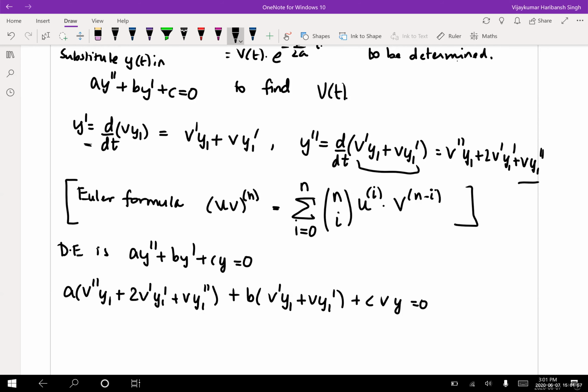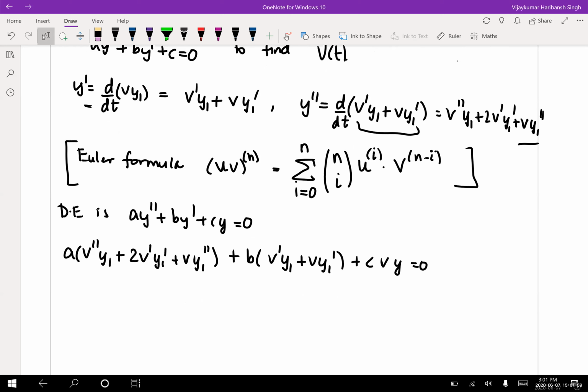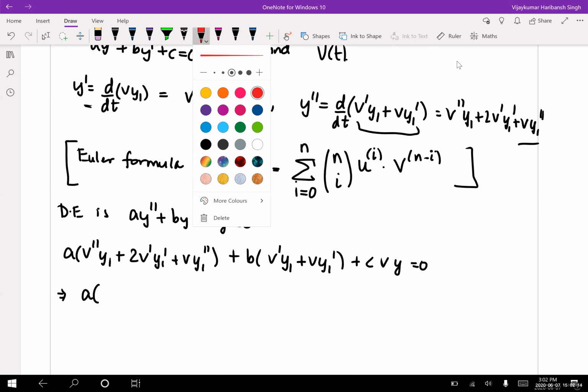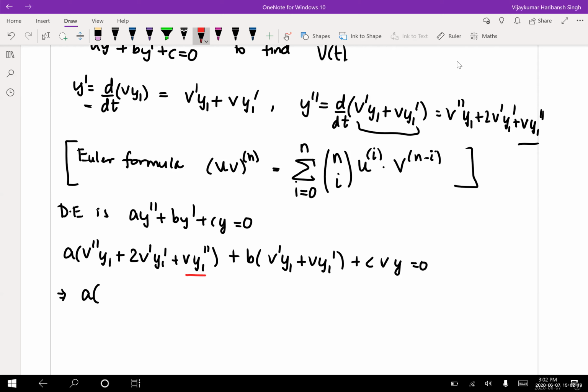Okay, so now we need to simplify this a bit. I'm going to collect all the y double primes, y primes, and so on. So let's see. I'm going to collect this, this, and this.